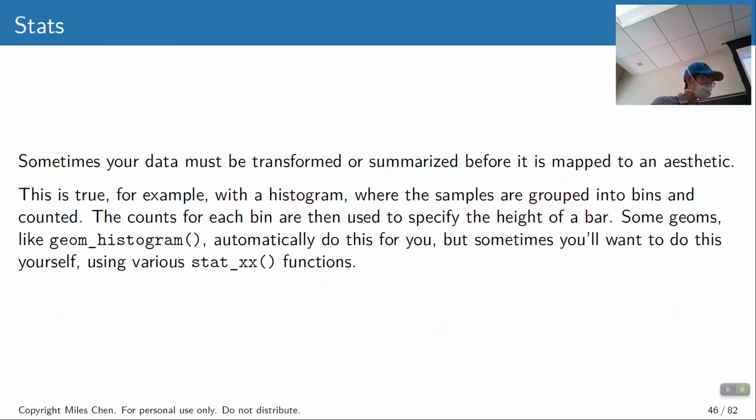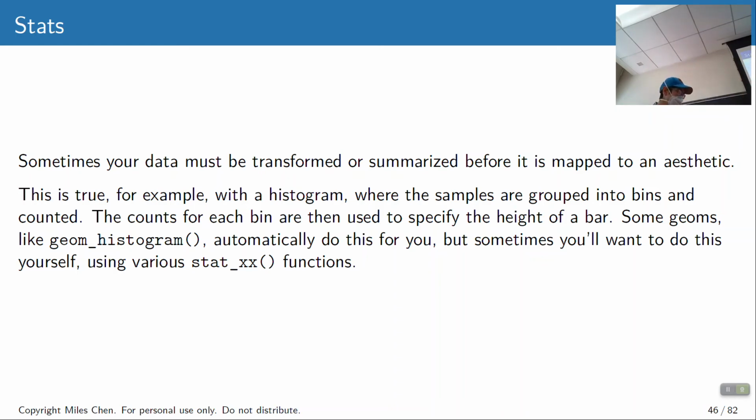There's a few other things. So stats can be calculated. For example, if you had to make a histogram manually, it's a bit of work because you have to bin your values. You basically have to take your numeric values and turn them into some kind of categorical values, where you say there are this many values within this range: 0 to 10, 11 through 20, 21 through 30, and things like that.